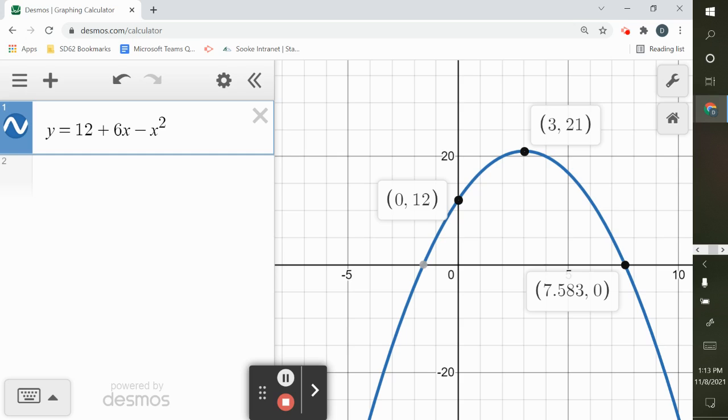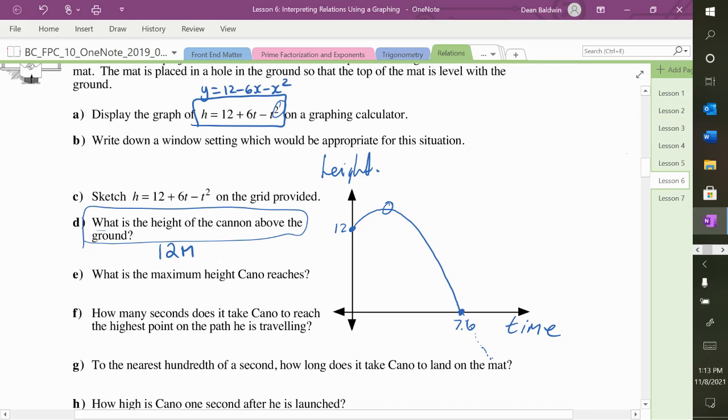So what does x represent? Time. So what does 21 represent? The height. So this point here is (3, 21). That means when time is 3, you're at a height of 21 meters. So his maximum height is 21 meters.